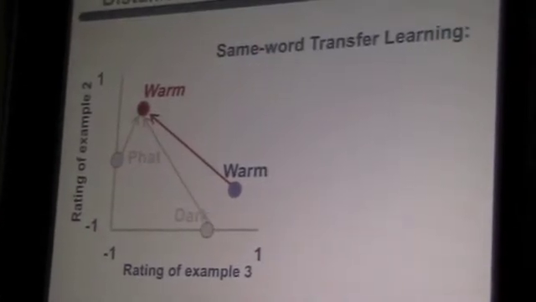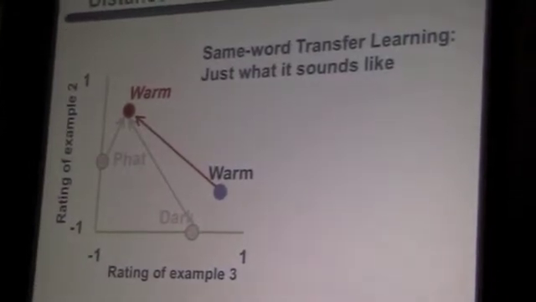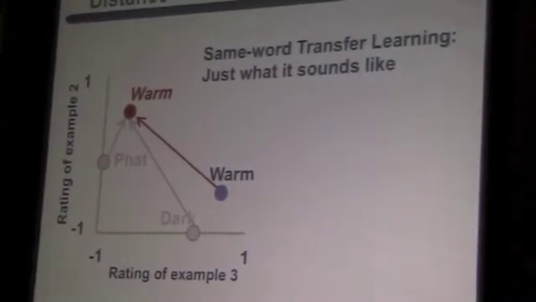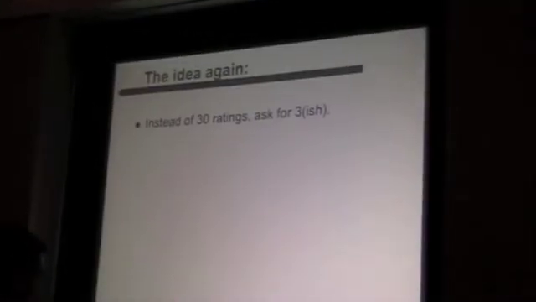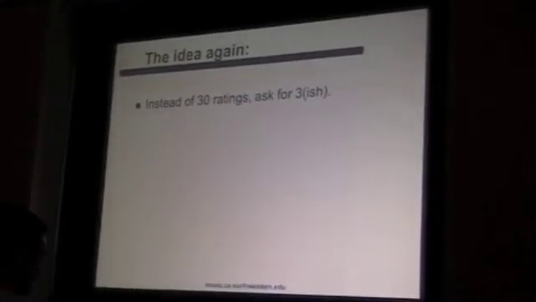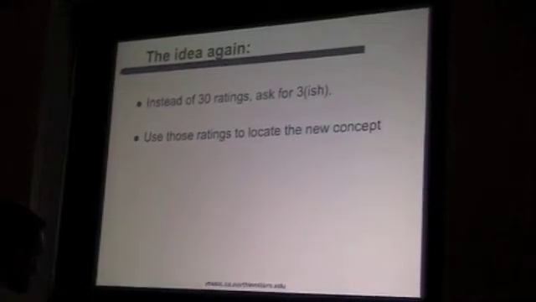We also took a look at same word transfer learning, where it's just like it sounds. You only use the data from prior concepts that share the exact same label. Instead of asking for 30 rated examples, ask for a much smaller number, say 3. Use those ratings to locate the new concept in this concept space.